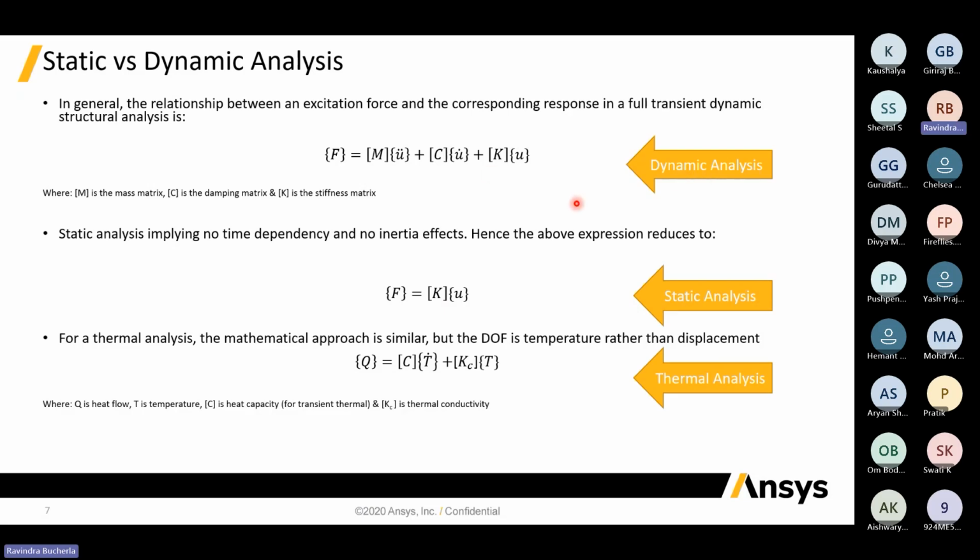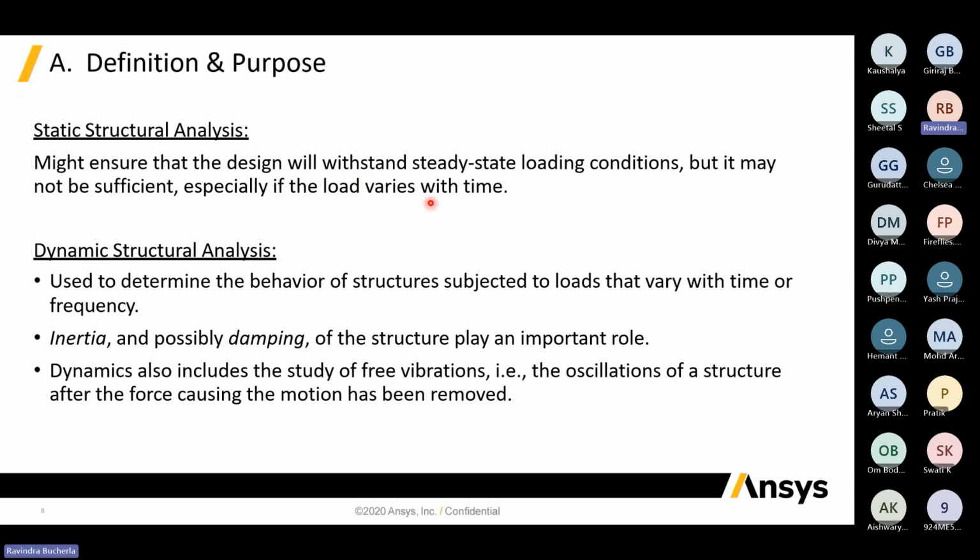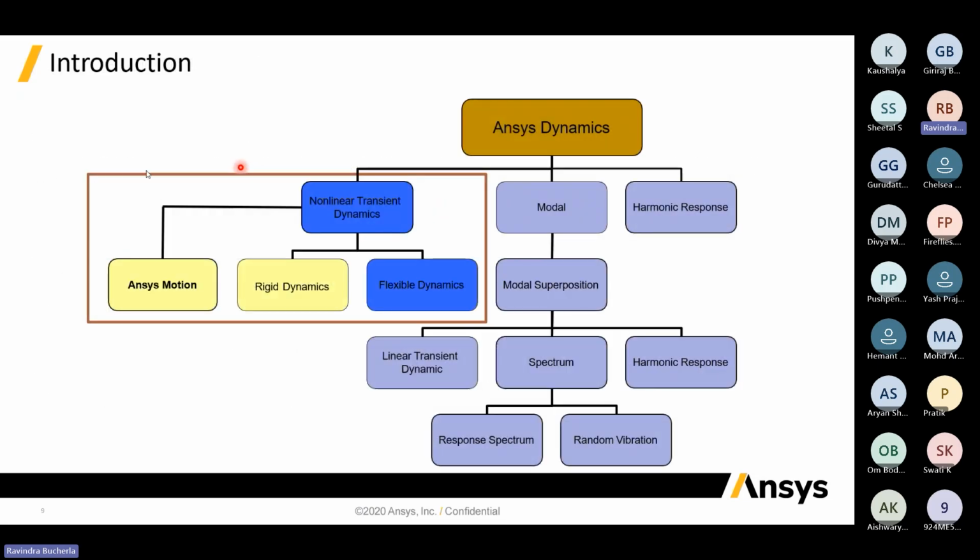Dynamic analysis has multiple applications. Mostly, all dynamic analysis will be divided into two things: one is implicit dynamics and another one is explicit dynamics. In implicit dynamics, again we have two things: one is linear dynamics and another one is nonlinear dynamics.